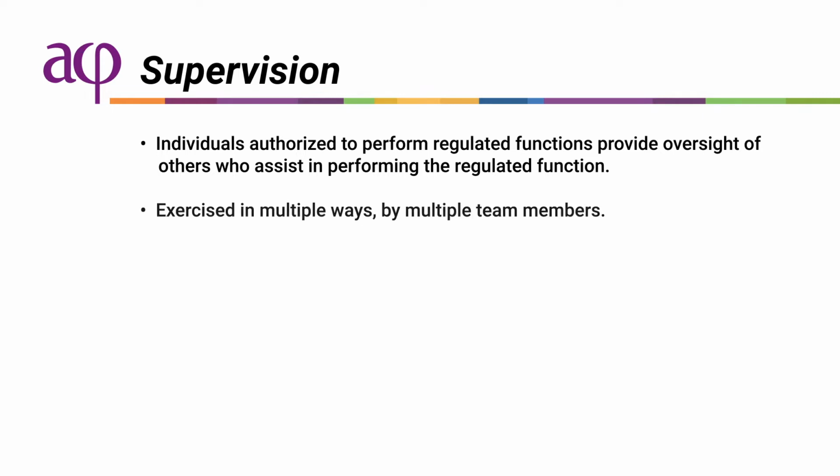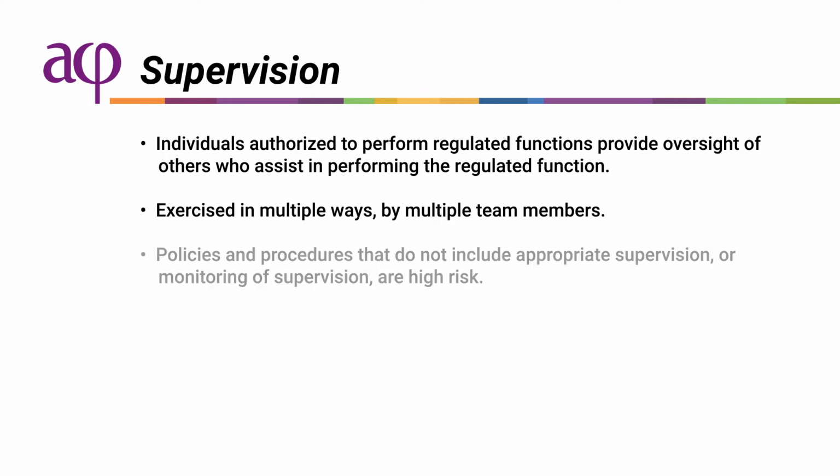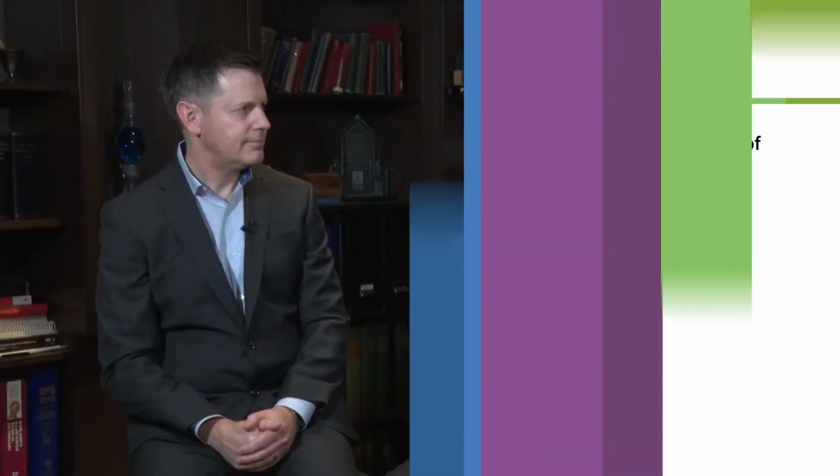Supervision is exercised in multiple ways by multiple team members depending on their registration status and their roles and responsibilities. Policies and procedures that do not include appropriate supervision or that do not include monitoring to ensure that supervision is occurring are high risk. Failure to provide appropriate supervision has and can result in public harm and risk to pharmacy team members.